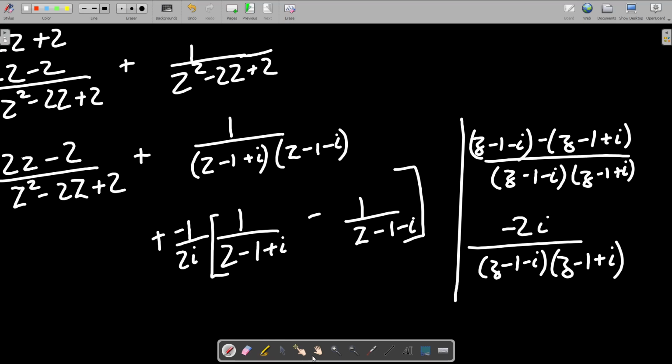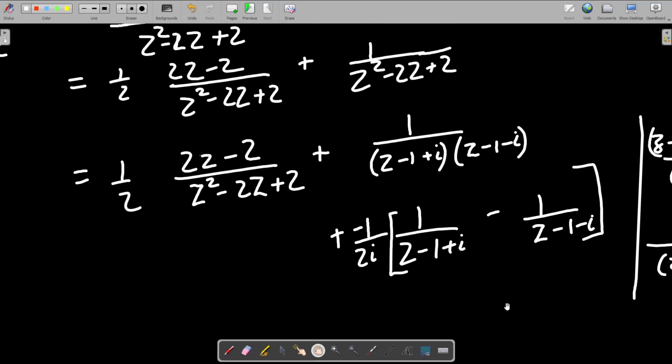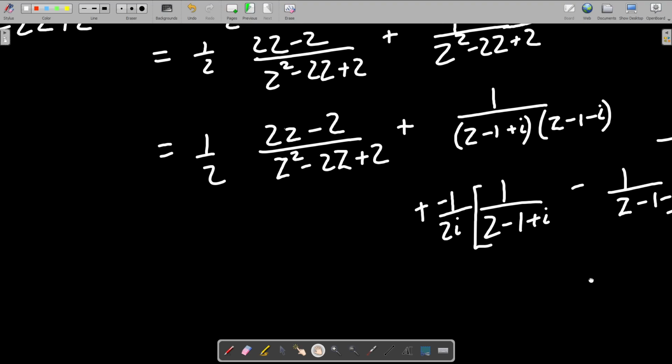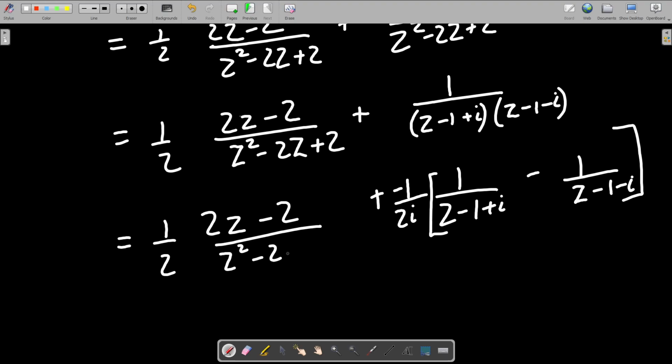It was a little lengthy and twisted. I hope I didn't make a mistake anywhere in this calculation. Otherwise, this was okay. So finally we are here, 1 upon 2, 2z minus 2 upon z square minus 2z plus 2.